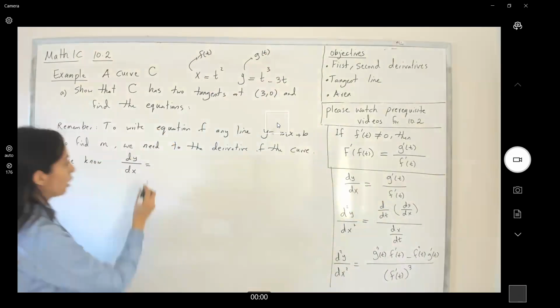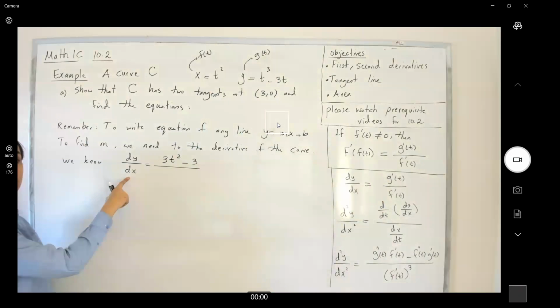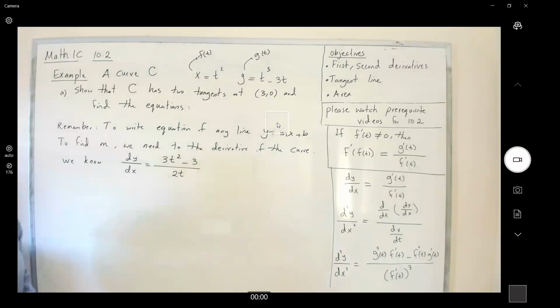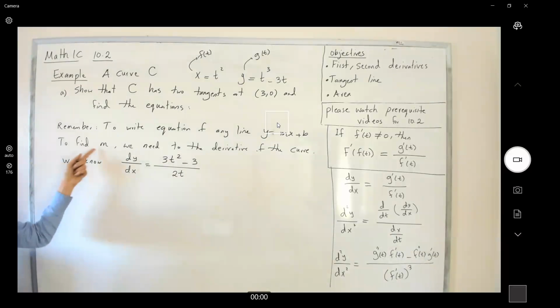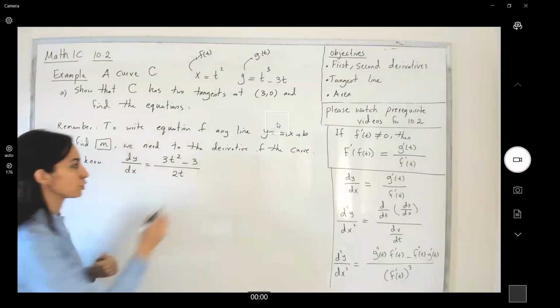The derivative of y is 3t squared minus 3, divided by the derivative of x, which is just 2t. There you go. So this is just the derivative. I need m, or the slope of the line. So to find m, I need values for t.